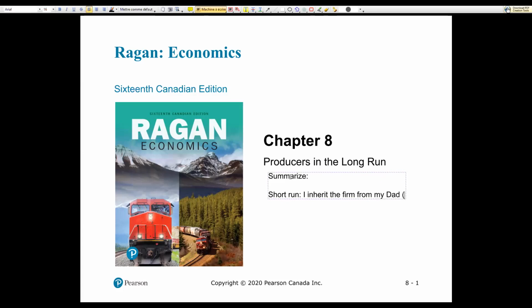So its size is fixed. Then I choose how many people to hire.